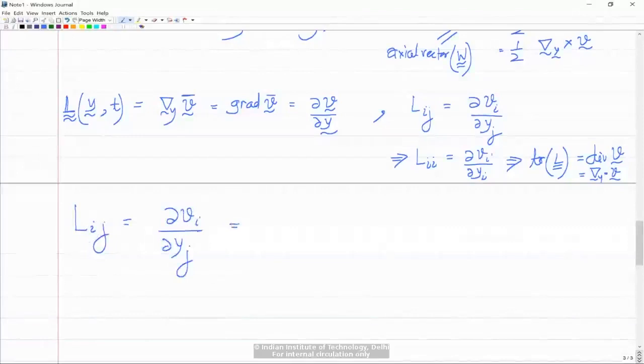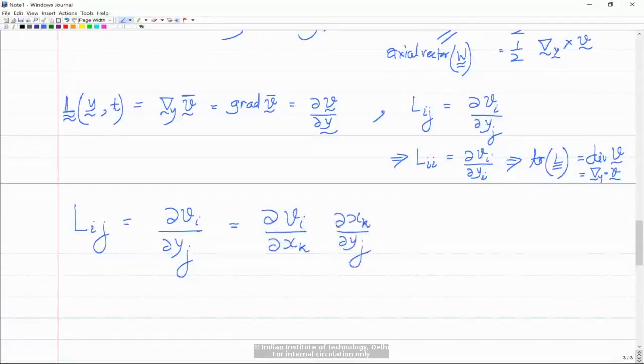Now, if you want to do it in terms of the reference coordinate, then obviously you have to introduce the reference coordinate here, right? So can we think of this as del vi over del xk into del xk over del yj? We can do that, right?